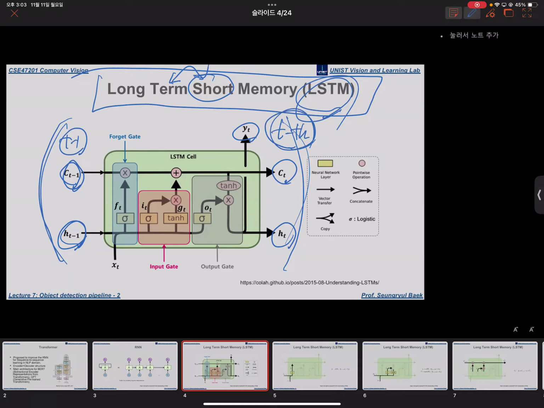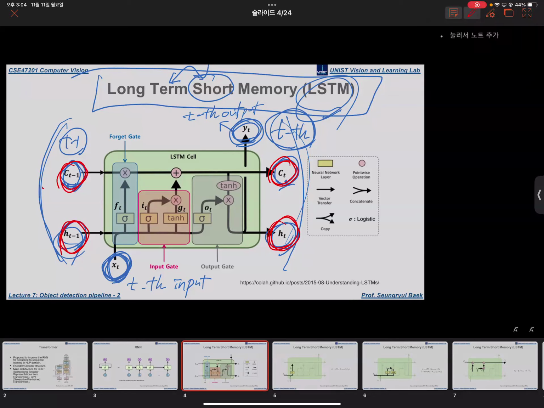X of T is the input in this frame, and Y is the output. And we have to transmit these two, C and H, which we get from the previous layer and transmit to the subsequent layers. Okay, and we input the T's input and output the T's output.